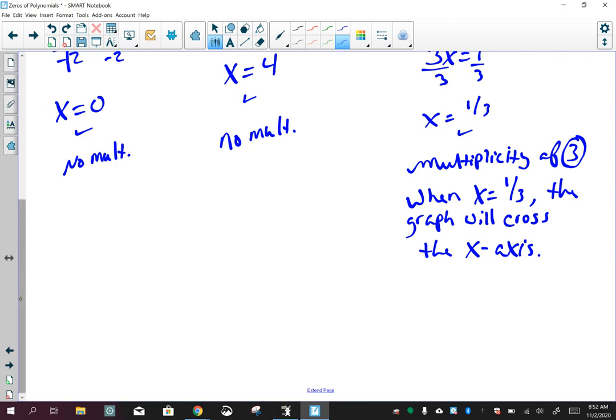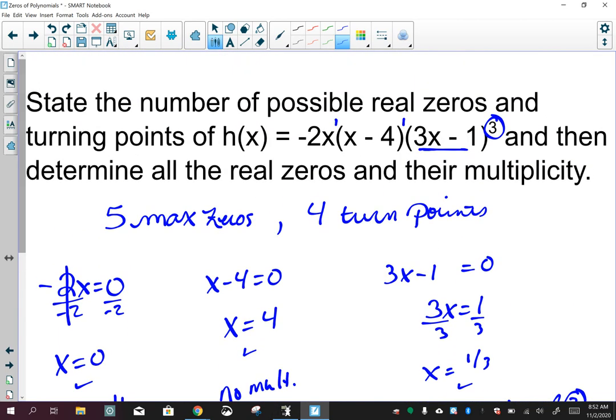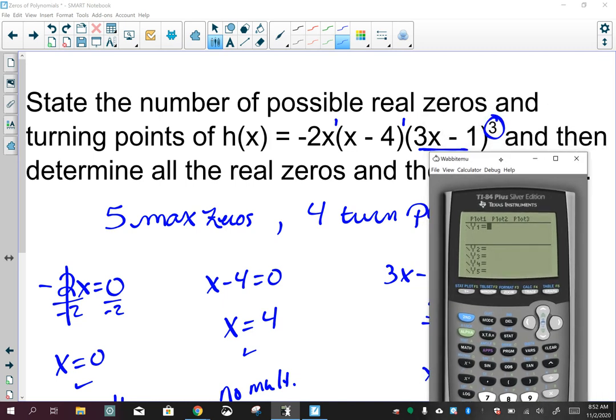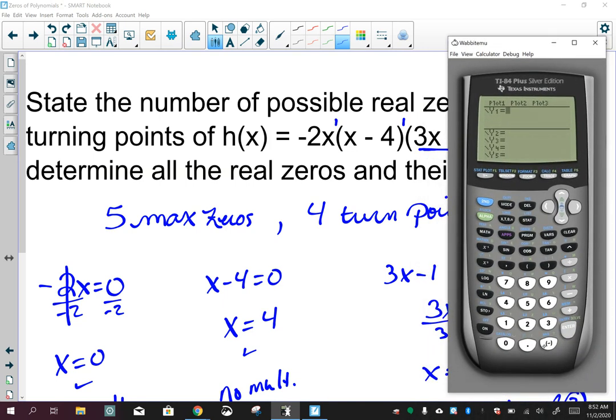And if you want to take a look at that real quick, we can come over here to, again, our handy dandy calculator. Turn it on. Clear that. And we have negative 2x, and I'm just going to type it in exactly as it's written. And then 3x minus 1 to the third.